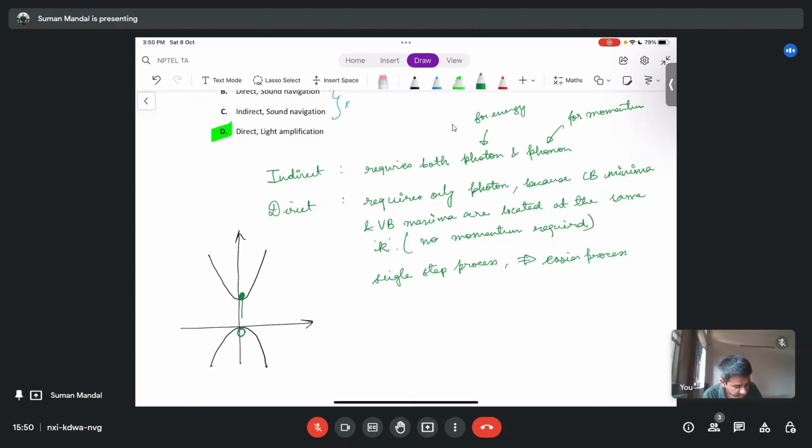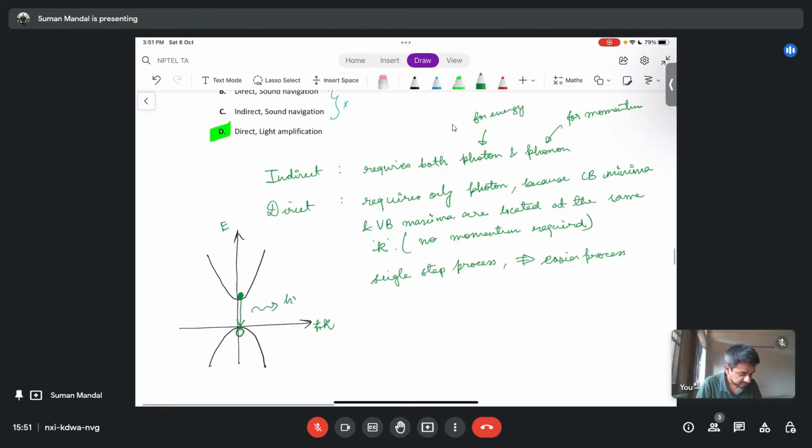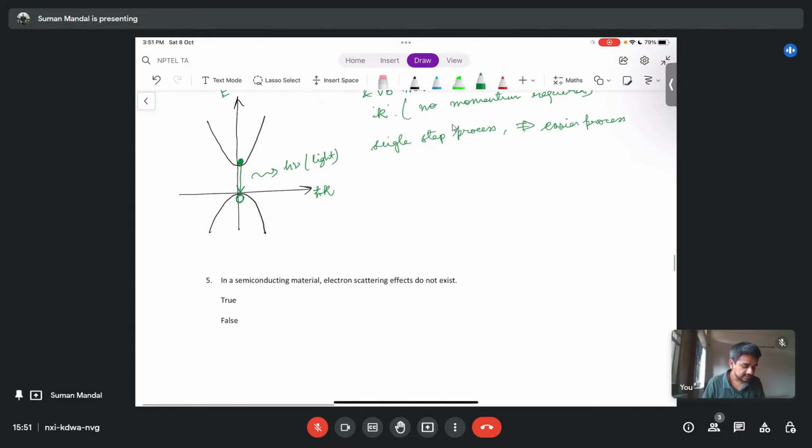The electron can come and occupy this hole without any change in wave vector, the crystal momentum. And this releases energy in the form of light. So direct band gap is always desirable for applications related to light.